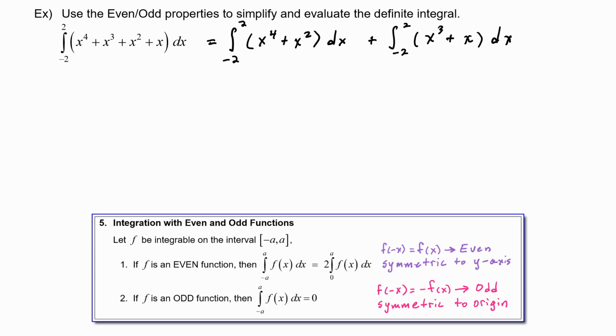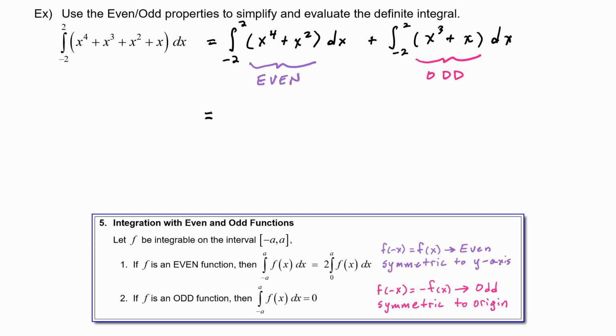So now we know this, we can use the rule for even functions, and for this we can use the rule for odd functions.